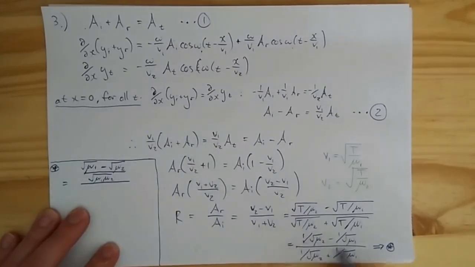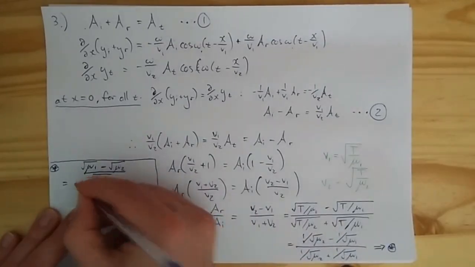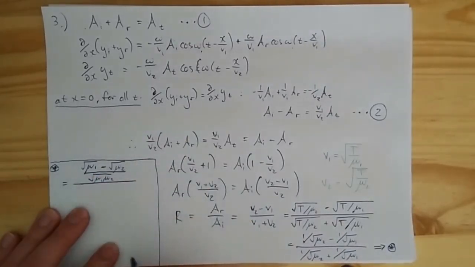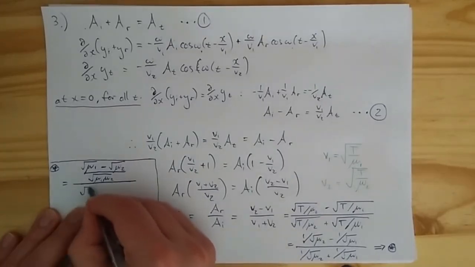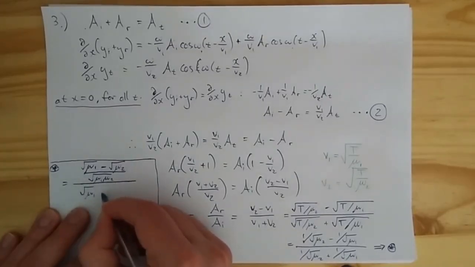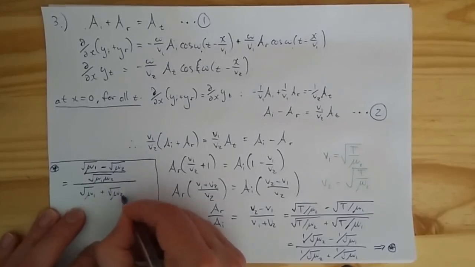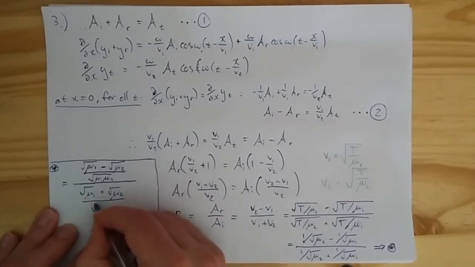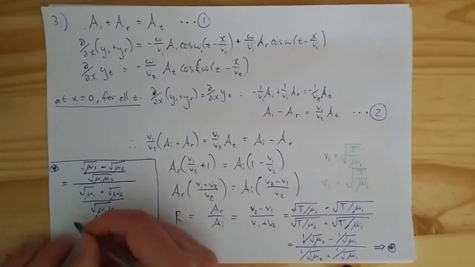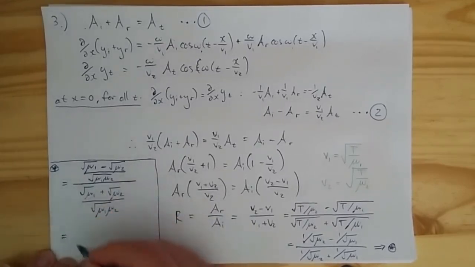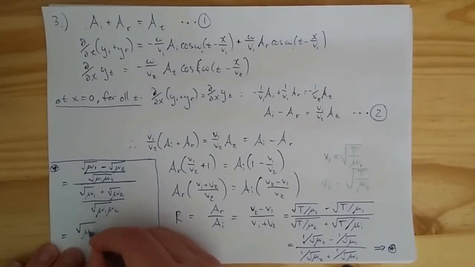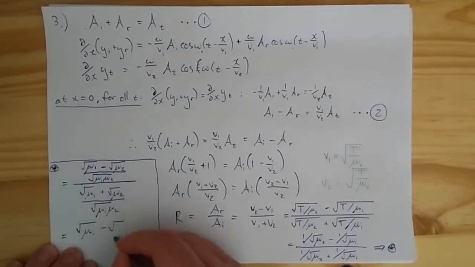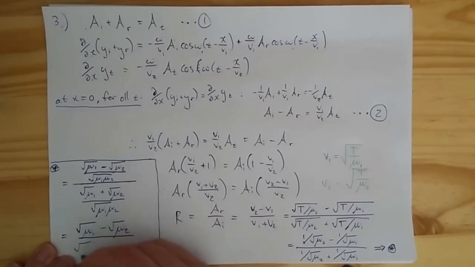So I wrote the top just as one fraction. That's what I did there. And then I'll do the same below. And then here it will become square root of mu1 plus square root of mu2 over square root of mu1 mu2. And then these two cancel. And what we're left with is the square root of mu1 minus the square root of mu2 over the square root of mu1 plus the square root of mu2.